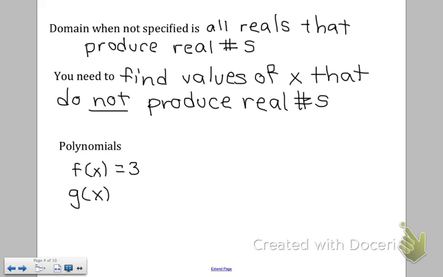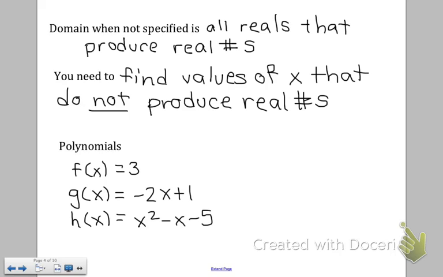Here's another example. g of x equals negative 2x plus 1. No matter what real number I plug in for x there, I'm always going to get out a real number. So therefore, my domain is all real numbers. How about h of x equals x squared minus x minus 5? Same idea. No matter what real value I plug in for x, I'm going to get out a real value as well.